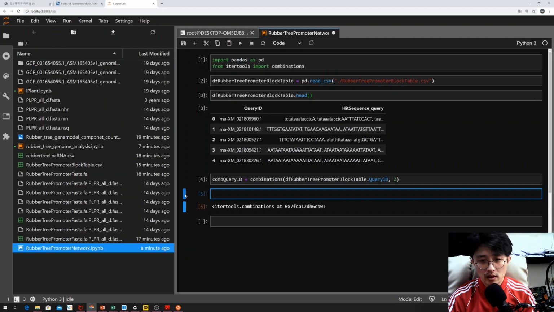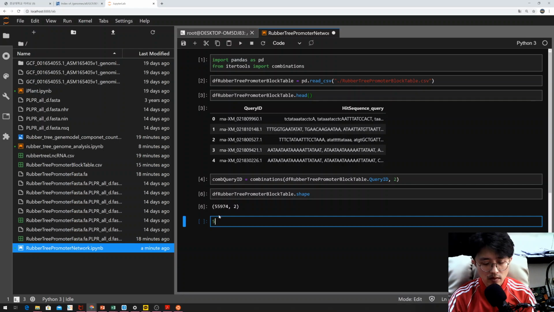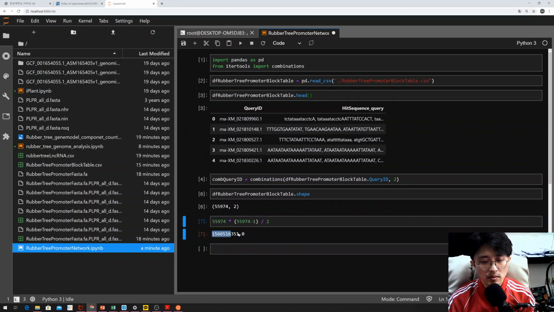So if I calculate the length of the query ID, then this must be the number of all queries. And if you want to calculate all the combinations, then this must be done in this way, right? So this number should come out from all the combinations.